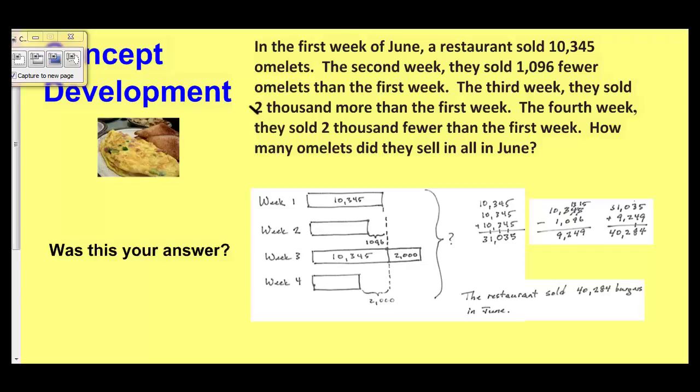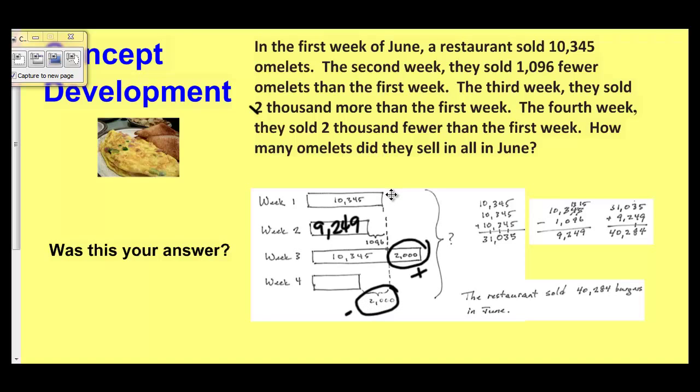But once I discovered that in week 2 they had sold 9,249 omelets, I noticed that this 2,000 cancels out. It's like I'm adding 2,000 to week 3, but then I'm subtracting 2,000 from week 4.